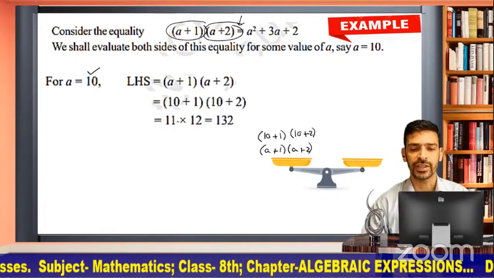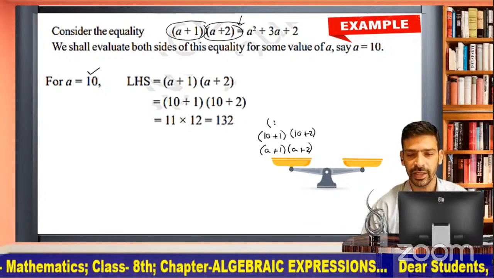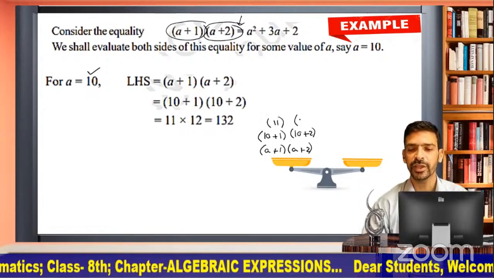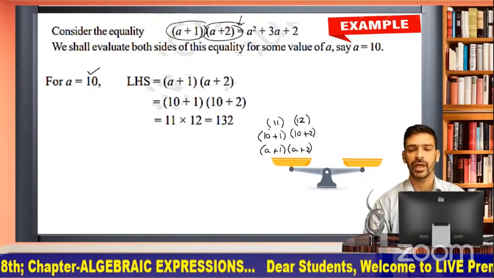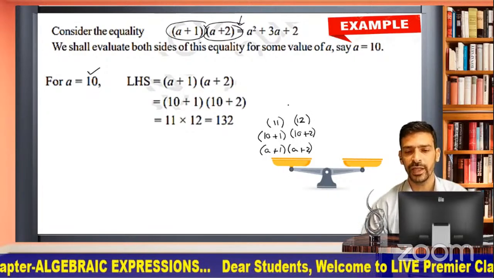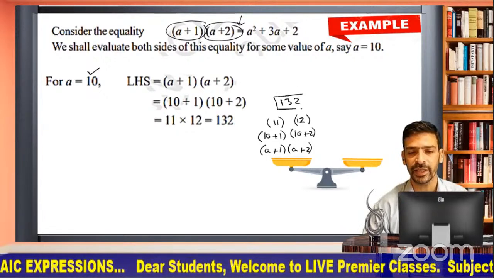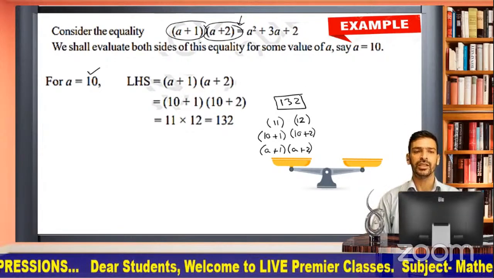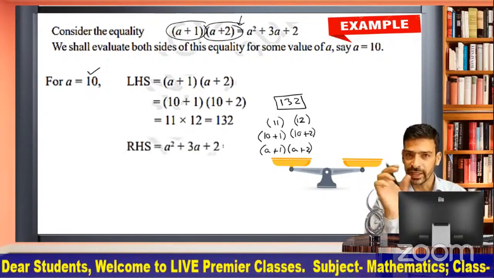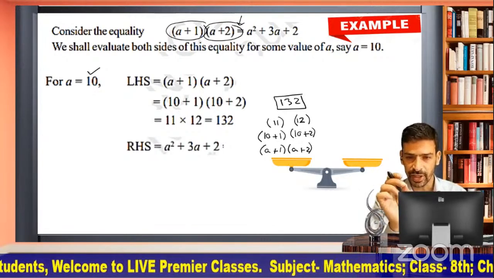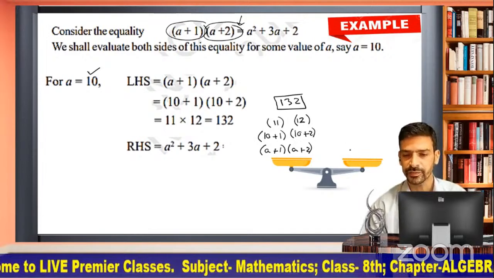We further process it. 10 plus 1 turns out to be 11. We write 11 here. And 10 plus 2, it is 12. And if we find product of 11 and 12, it is 132. So our left hand side of the equality, ये बन गया 132. Let us solve its right hand side. That is, this is a square plus 3a plus 2. I write it here.